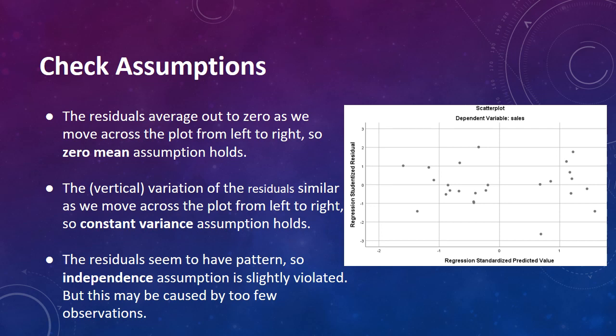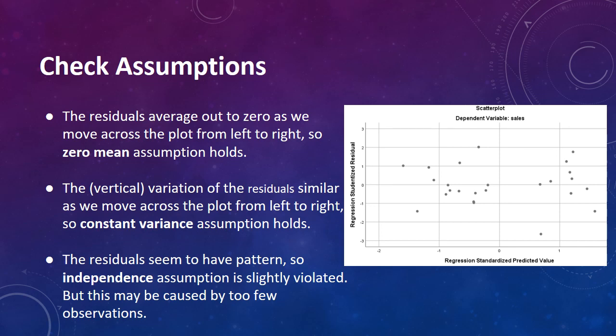Here we can see the residuals average out to 0 as we move across the plot from left to right. So the zero mean assumption holds. And the vertical variation of the residuals is similar as we move across the plot from left to right. So the constant variance assumption holds.